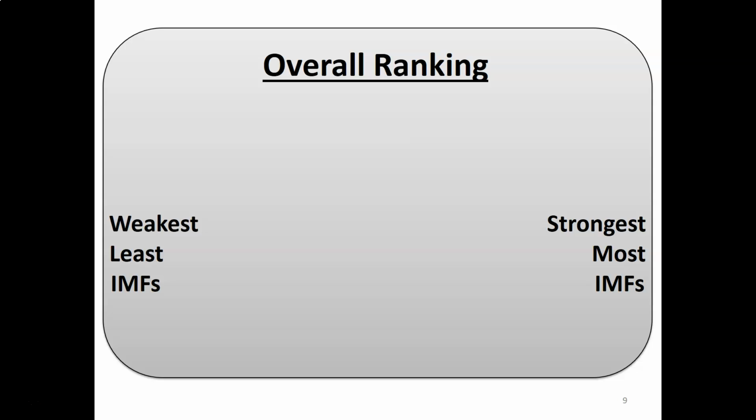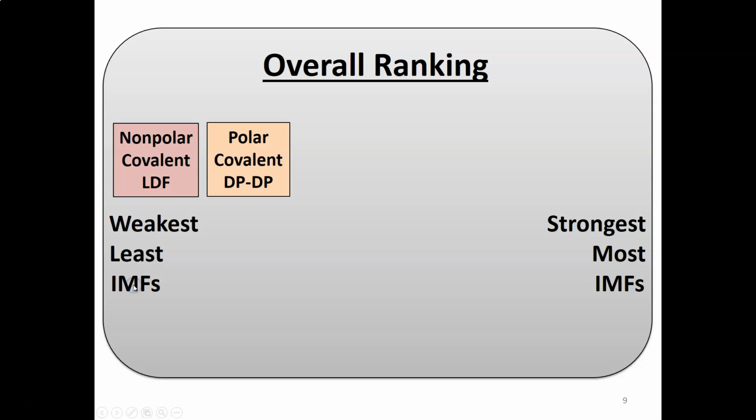The weakest amount of forces present in a substance, the weakest type of substance, would be something that only has the London forces. If it's non-polar, covalently bound, with London dispersion forces only, that will be the weakest type. The next strongest would be if it's polar, covalently bound, dipole, a little bit stronger.